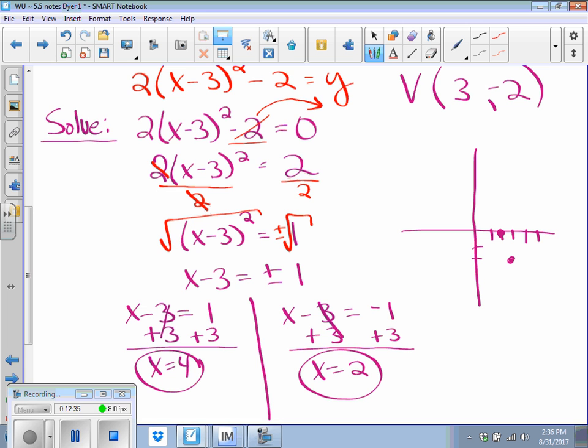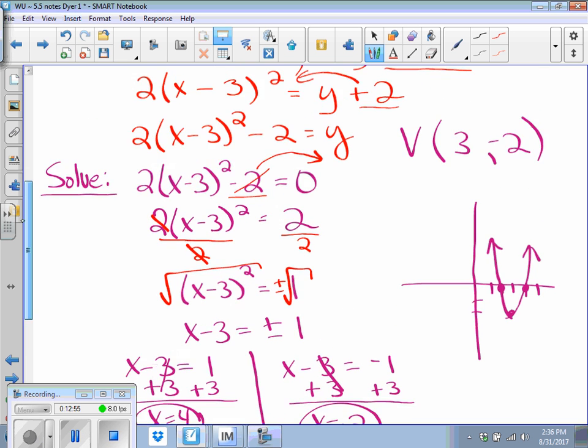So 2 and 4, I can pretty accurately draw my parabola. Those are 3 solid points on that graph. Okay?